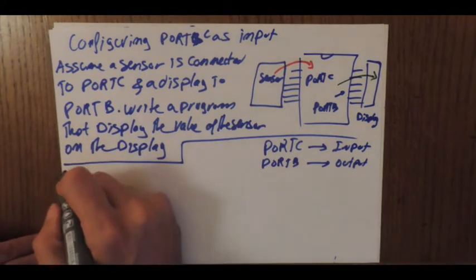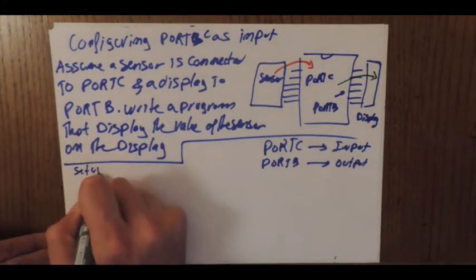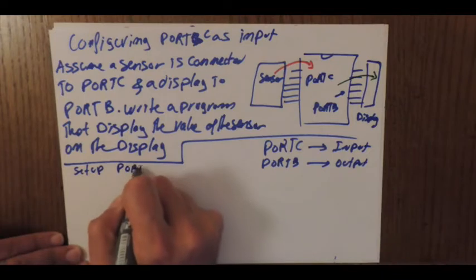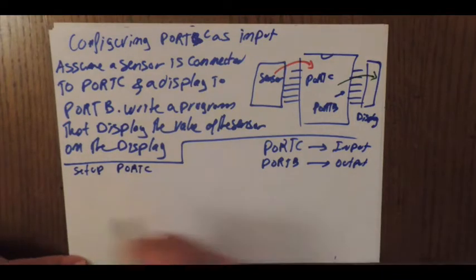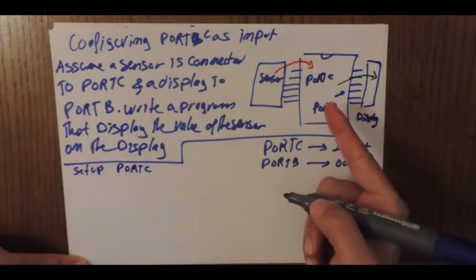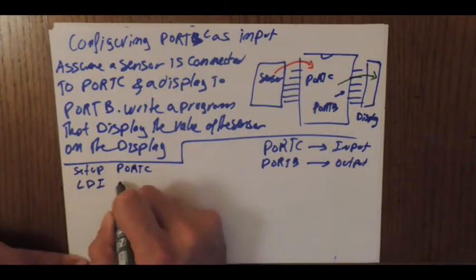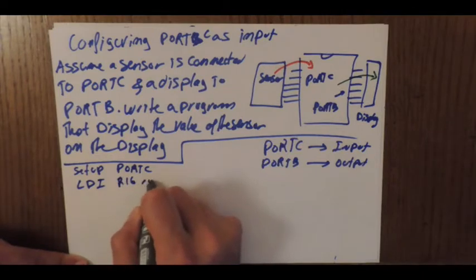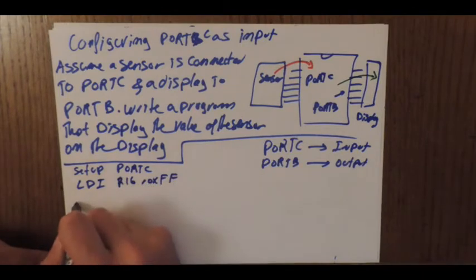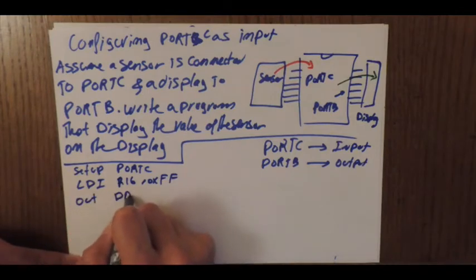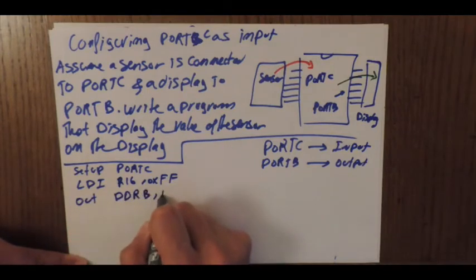So the first step is, when looking at this problem, I need to set up my ports. So let us set up ports. So in this case, I'm gonna start with port B. So I'm gonna say LDI R16, 0xFF, and of course out DDRB, R16.